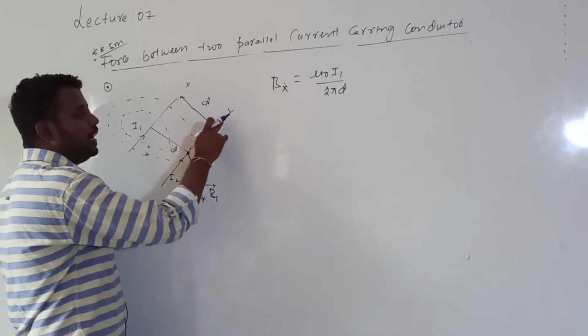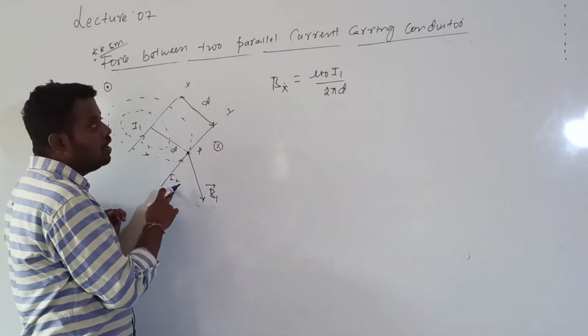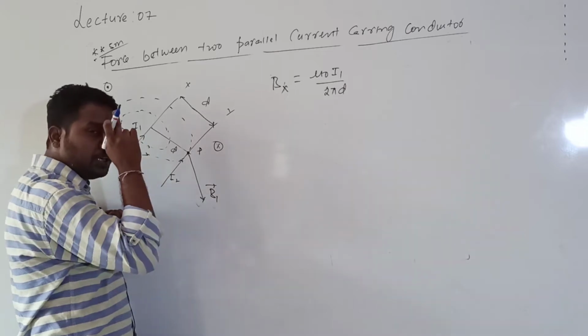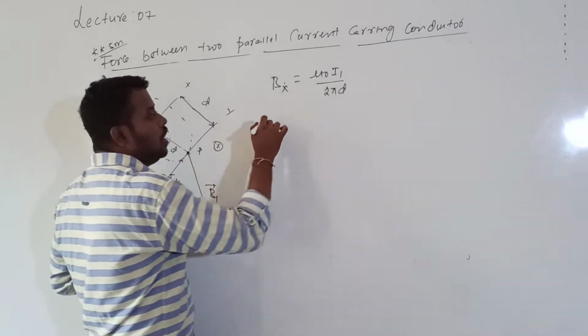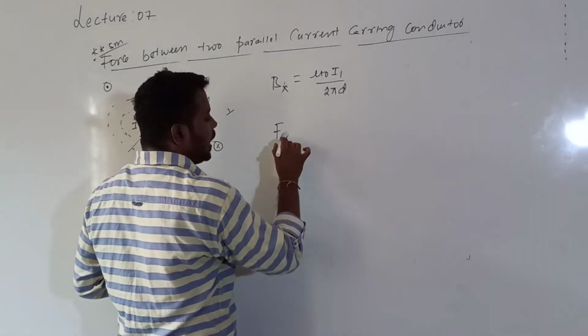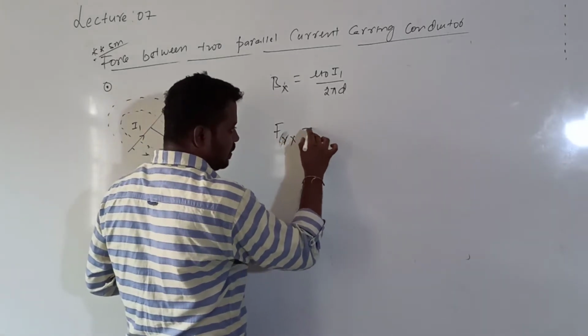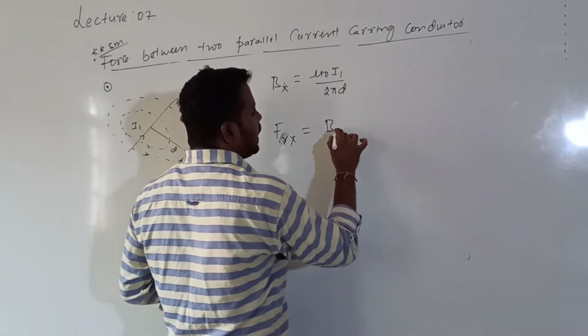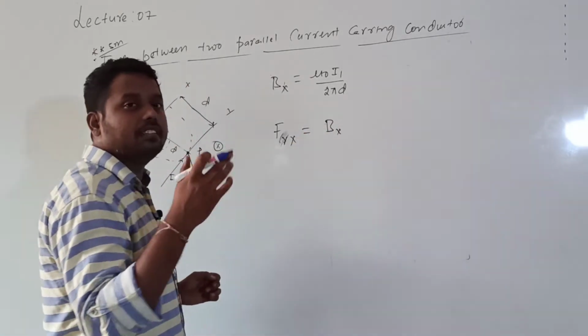But this Y carries a current I2. So whenever a current carrying conductor is placed in a magnetic field, it will experience a force. What is the force acting on the second conductor Y? The force acting on the conductor Y due to X is given by the force on a current carrying conductor formula, B I l sin theta.